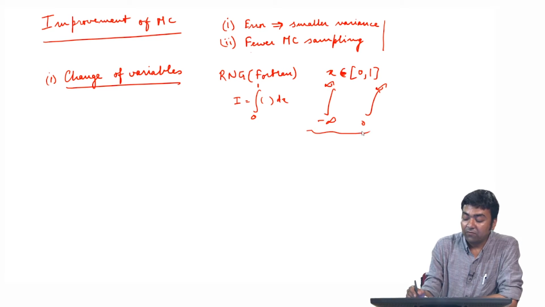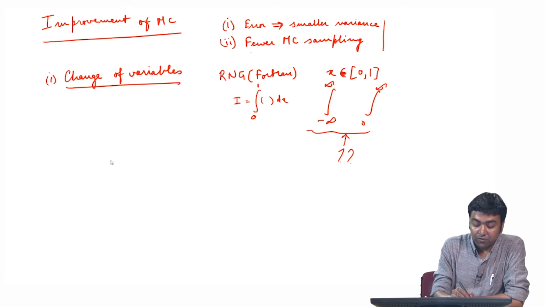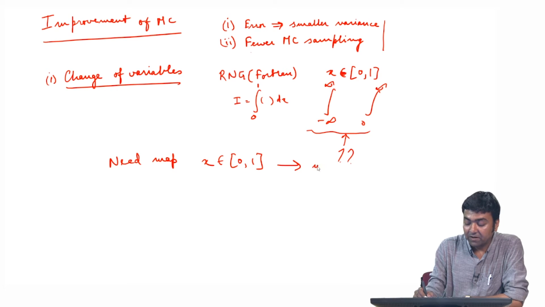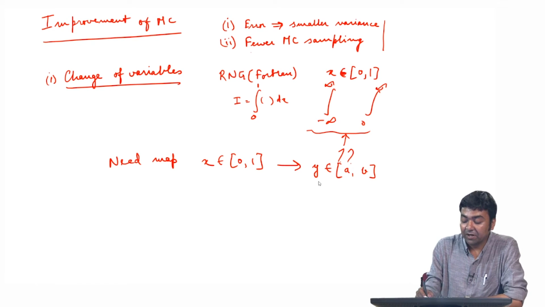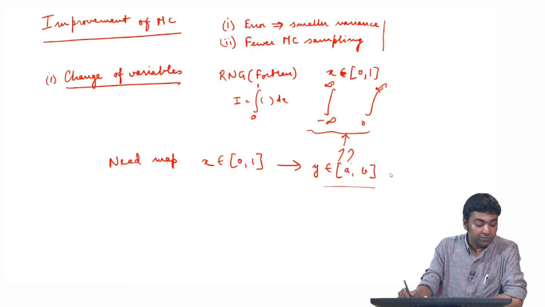So, what do I do for these cases? We need to map x that belongs to 0 and 1 to another set of random numbers y that belongs to different limits. So, basically you change the variable, and in the process sometimes you might also need to change the distribution.